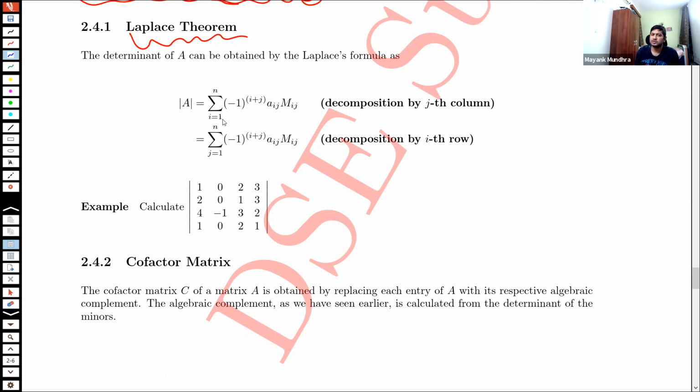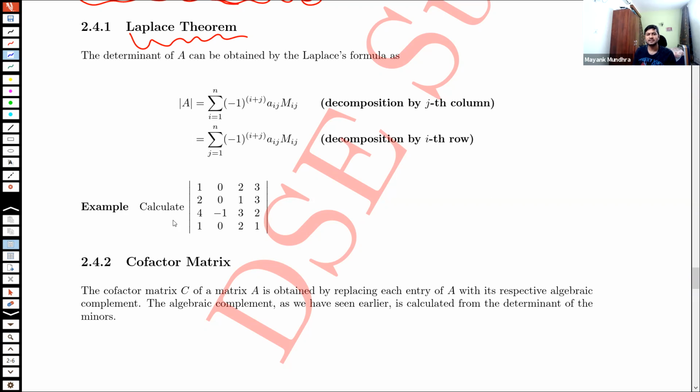I find it very useless because frankly, you can always convert any matrix by taking transposes or row exchanges. You can convert any matrix into a format where the first row is always the easiest to solve.